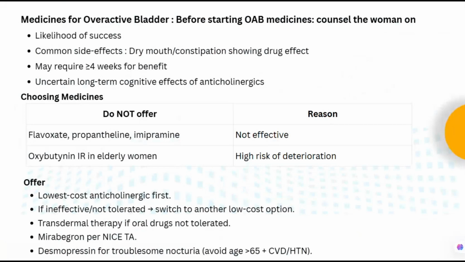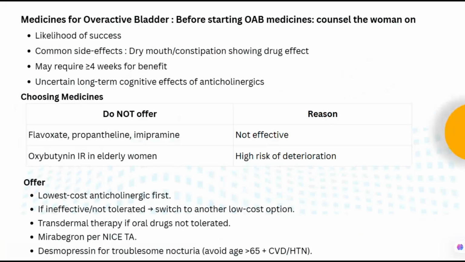So once you start, it does not act immediately. Generally, benefit is after 4 weeks. Okay. Uncertain long-term cognitive effects of anticholinergics. So there may be long-term cognitive effects of these agents also.